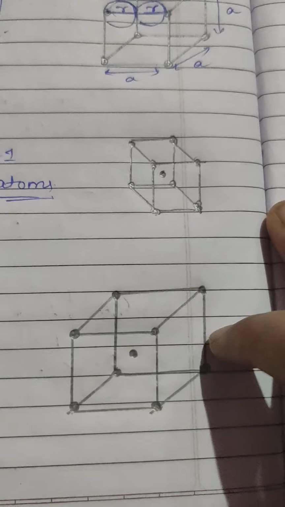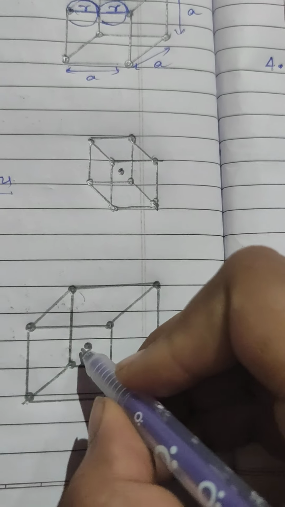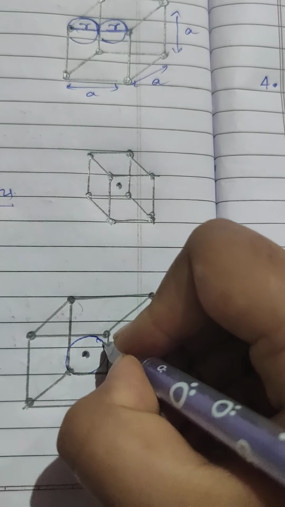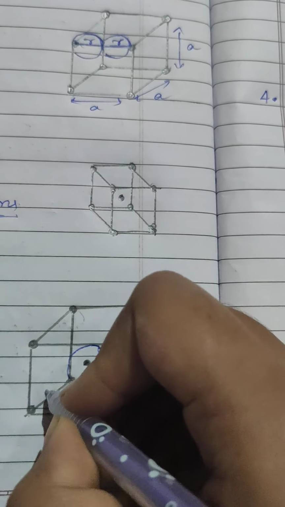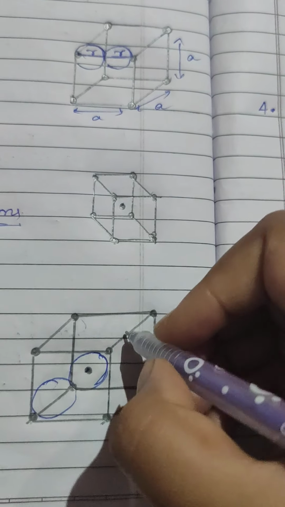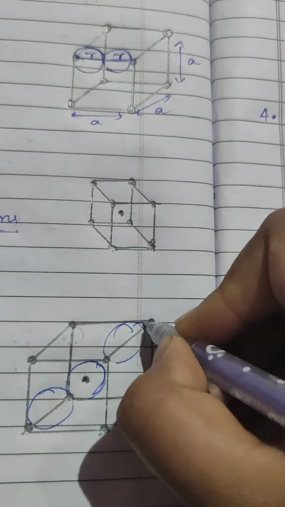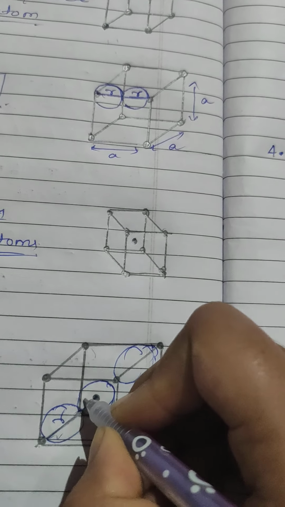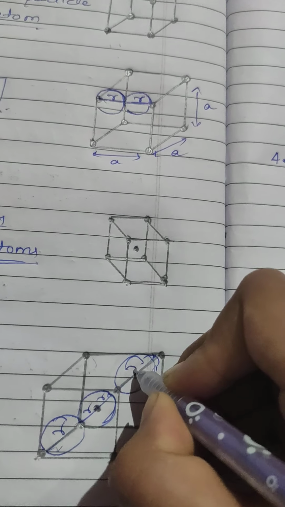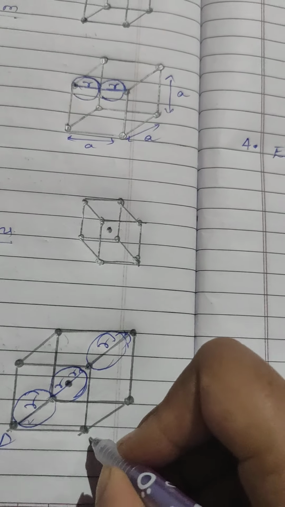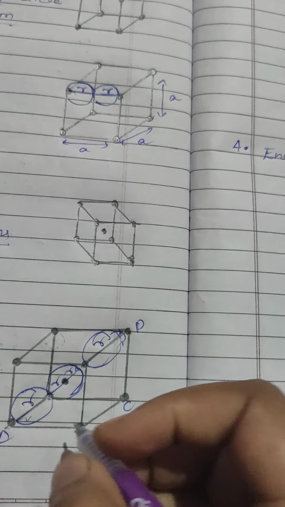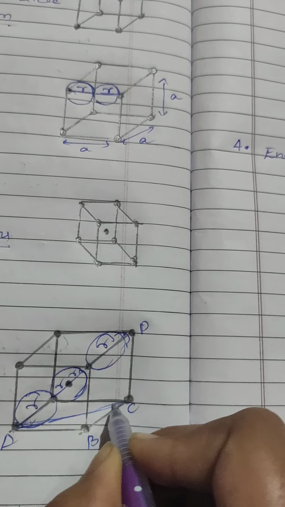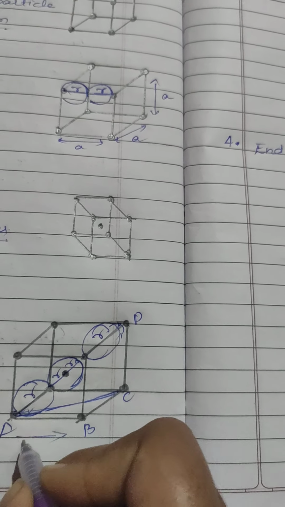Calculating its radius, here this is one sphere, right? Consider this atom as one sphere, this atom another sphere, and this atom another sphere. So here this distance will be r, this will be r, this will be r, and this will be r. You name it as A, B, C and D. You have to draw a line to AC.